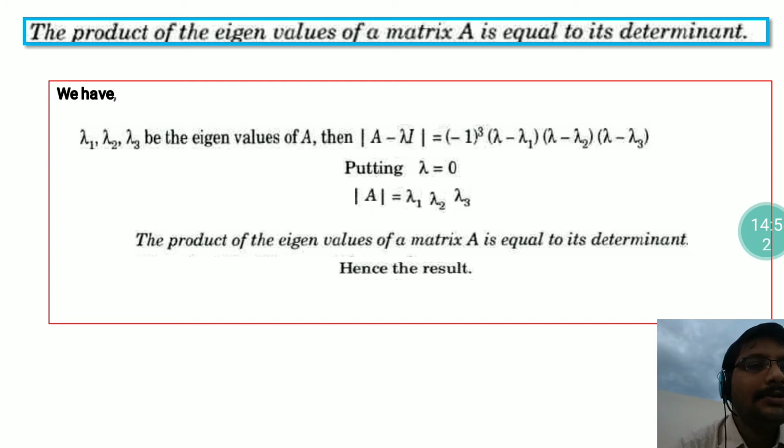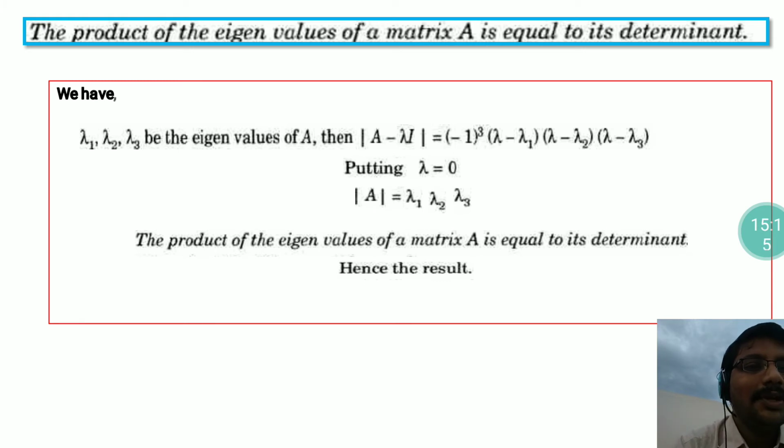Then (0 minus lambda 1) into (0 minus lambda 2) into (0 minus lambda 3), which is equal to minus into minus into minus, which is minus. Already we have minus, so minus into minus is plus, that is lambda 1 into lambda 2 into lambda 3.